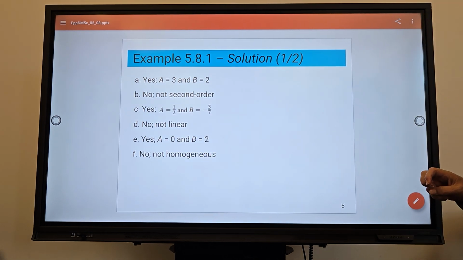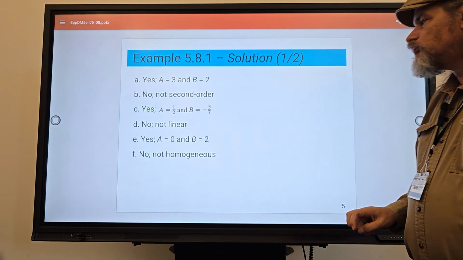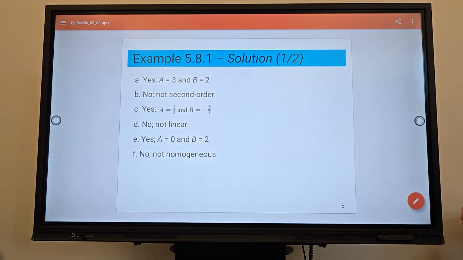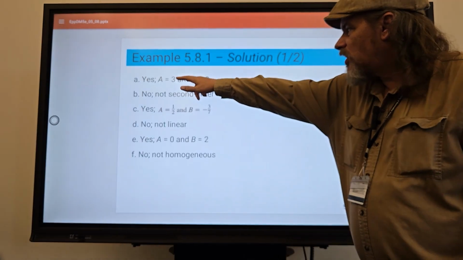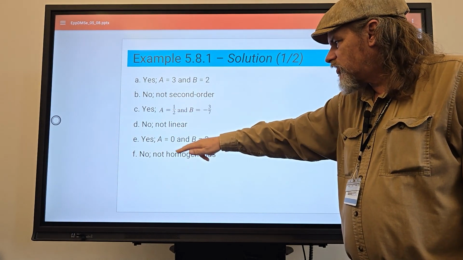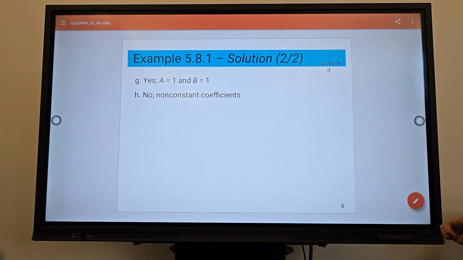So it goes through why each one is yes or no, alternating yes, no, yes, no, yes, no, and yes, no, with non-constant coefficients being the last one.